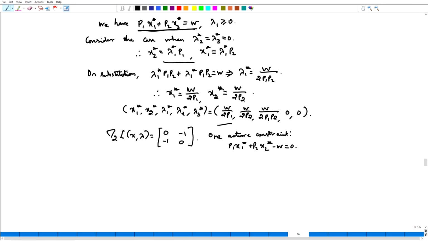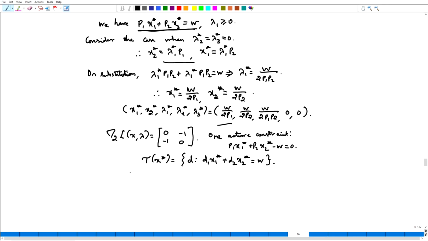So, if you consider T of x star, it is those d for which d1 x1 star plus d2 x2 star is equal to w. So, if you consider only these d.